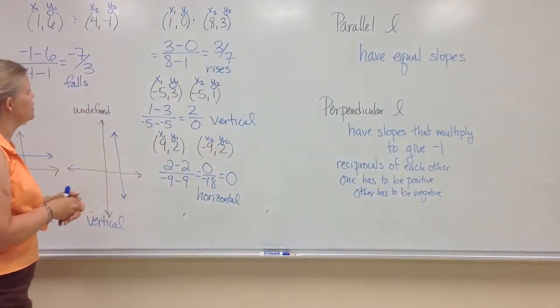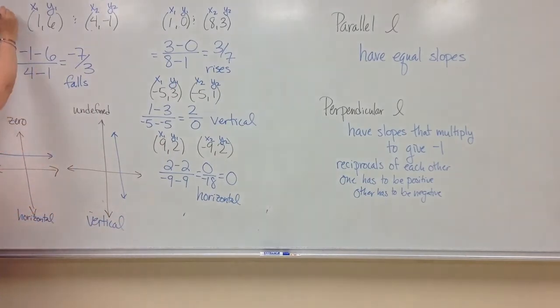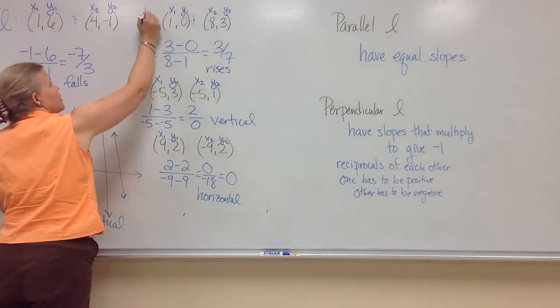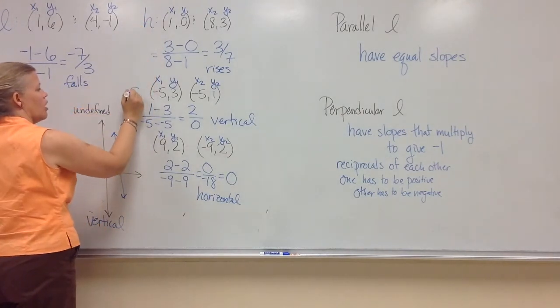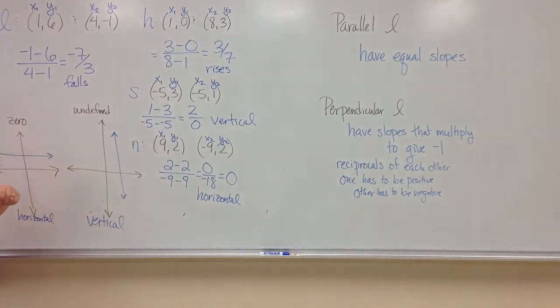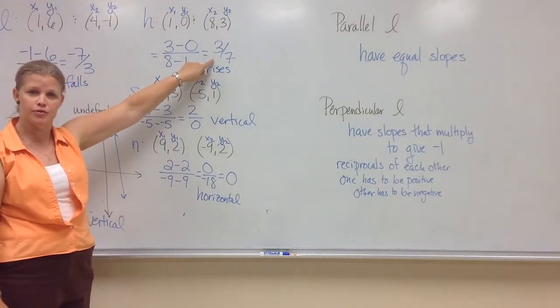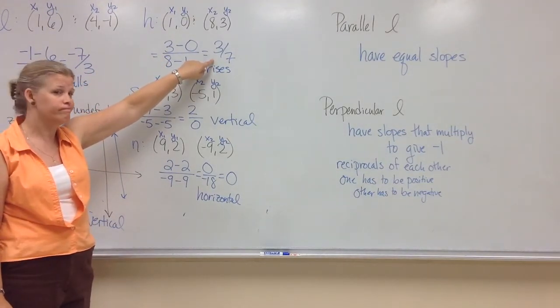Okay? Now, let's look over here at our lines. Do you see some that might have a relationship? We'll call this one line L. We'll call this line H. We'll call this line S. We'll call this line N. Okay? Well, let's see. L has a slope of -7/3, and this one has a slope of 3/7. Are they equal?